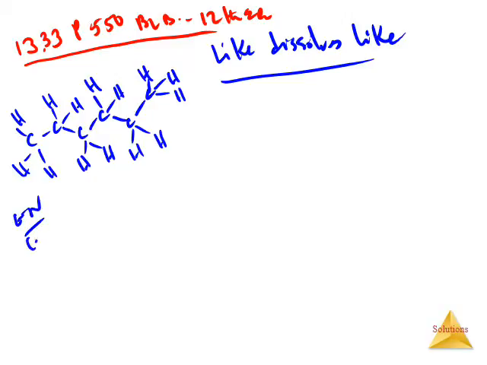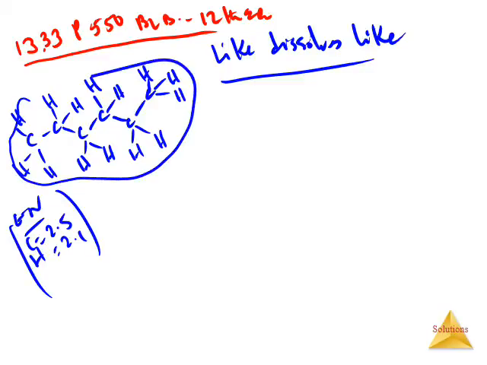Carbon is 2.5, hydrogen is 2.1. That's a very small difference to make a polar bond. So this makes it a nonpolar compound. So this is nonpolar. So if we're going to use it as a solvent, let's see which of the pair would be more soluble.